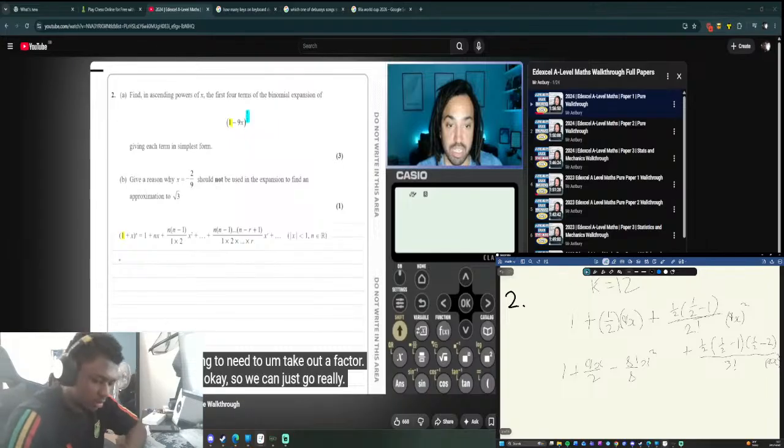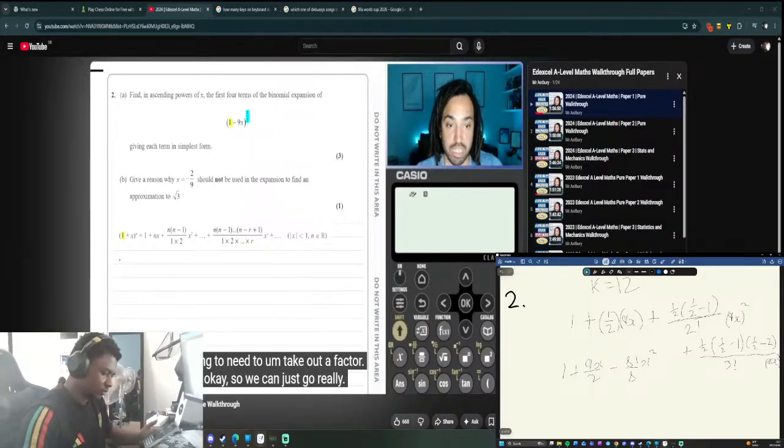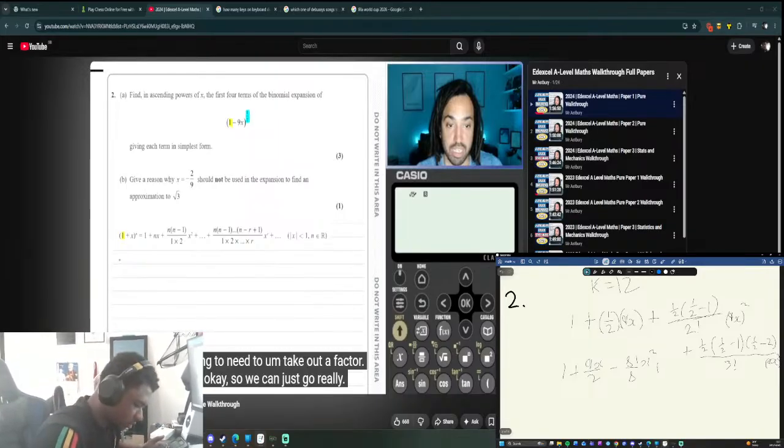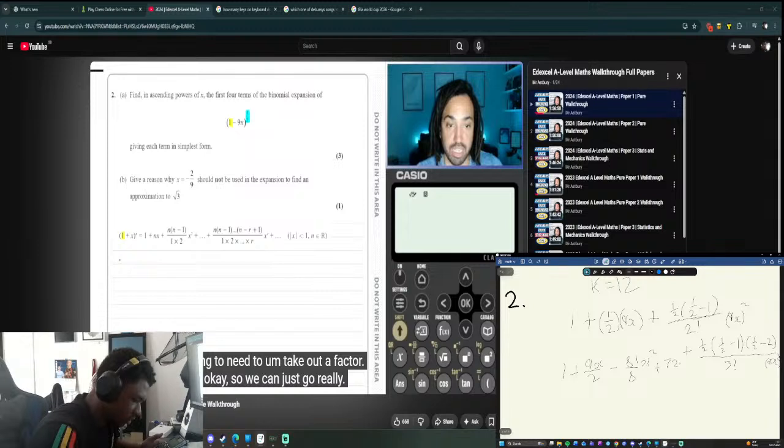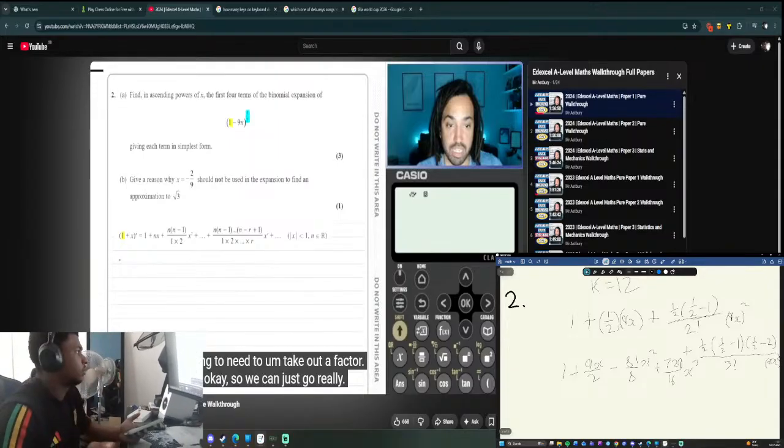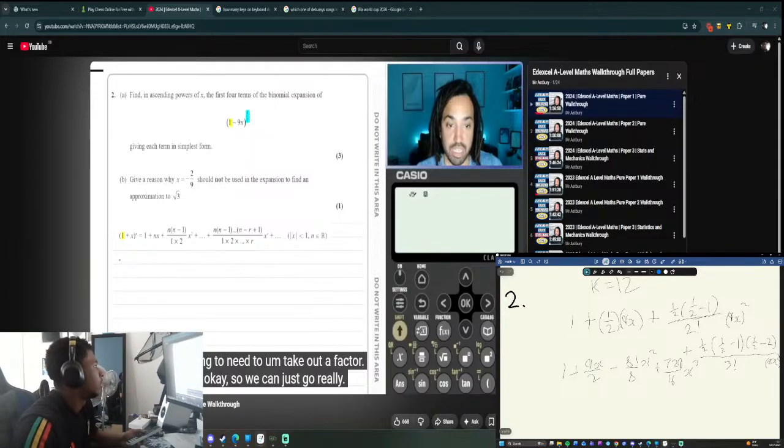That's 1/16 times 9 cubed, plus 729 over 16x cubed. That's the first 4 terms in its simplest form.